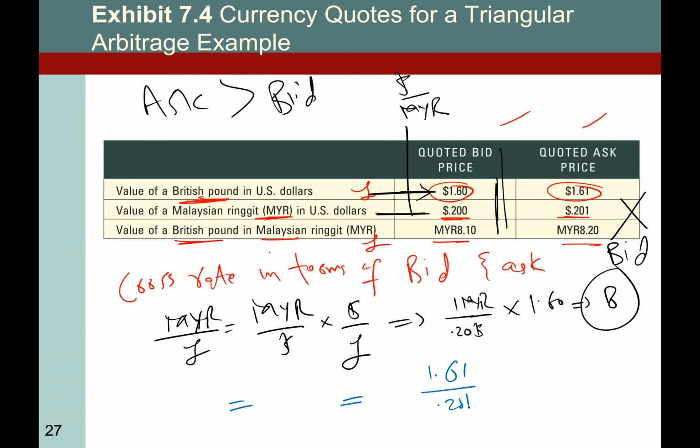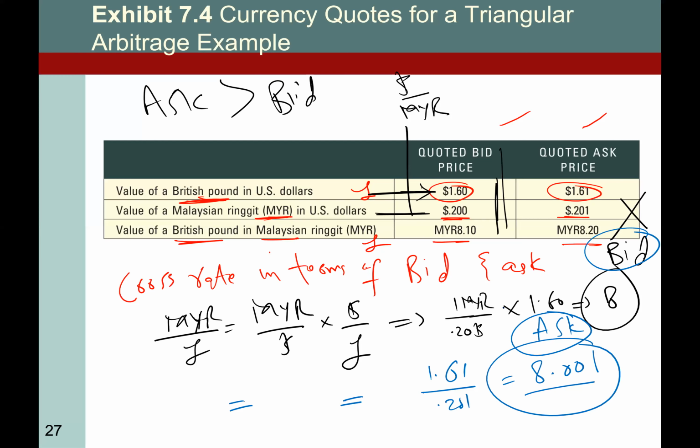Answer is 8.001, right? So now which one is big and which one is small number? Big would be called ask, small would be called bid.